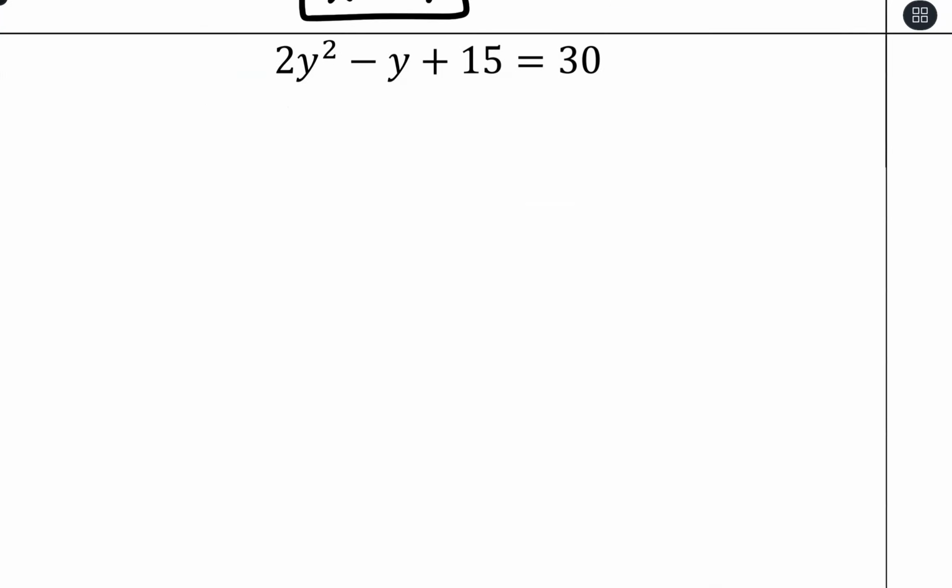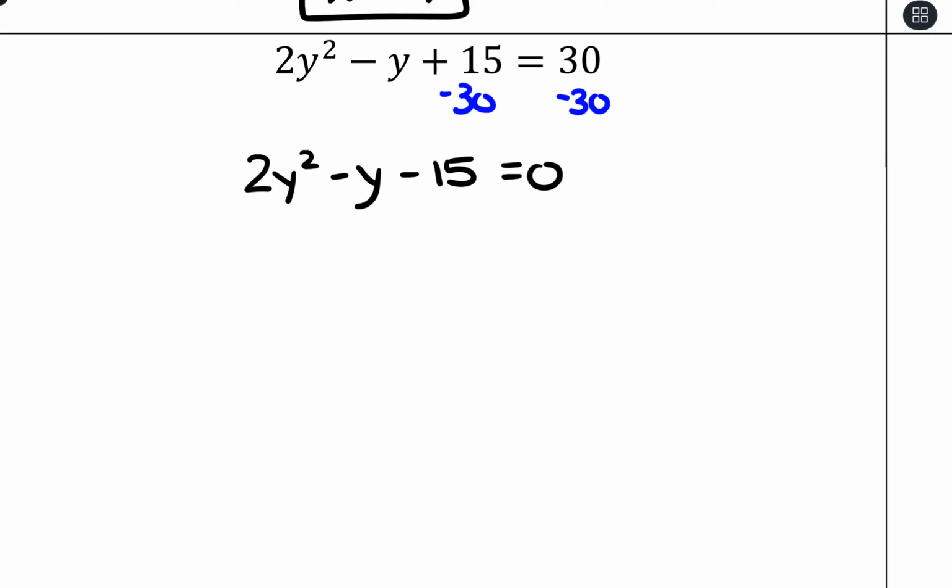Okay, 2 more examples here. With this one, we don't have 0 on one side, so we need to take the extra step to make sure that 0 is on one side. So to do that, I'm going to subtract 30 from both sides of the equation. So we have 2y squared minus y minus 15 equals 0. And we could do some guess and check here, but let's go ahead and get a review of that AC method.